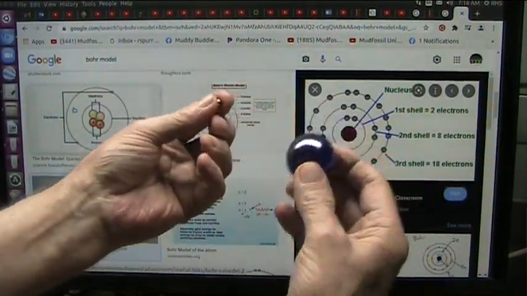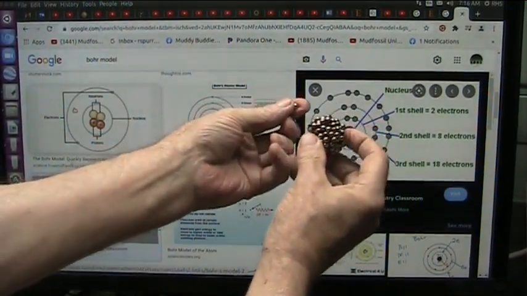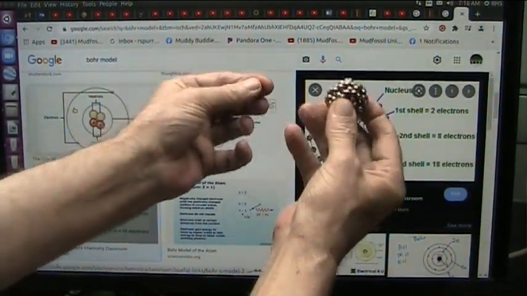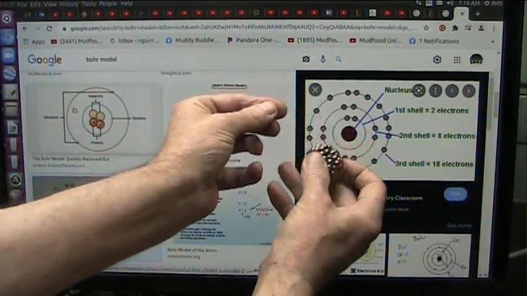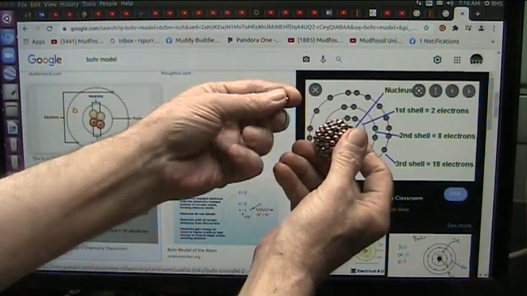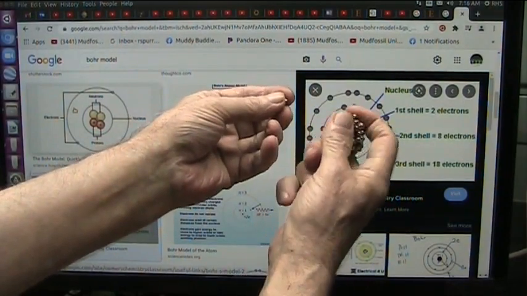Anyway, my nucleus is this. And my electrons are the same as the particles that are in the nucleus, only they have enough of them in the nucleus, they don't want any more. So this one comes in, he says, I really want to get to that dark matter, which is deep inside the nucleus. And it says, you can't come here. We have plenty of electrons already. We don't need any more.